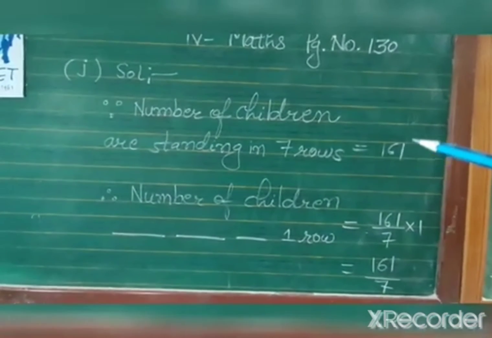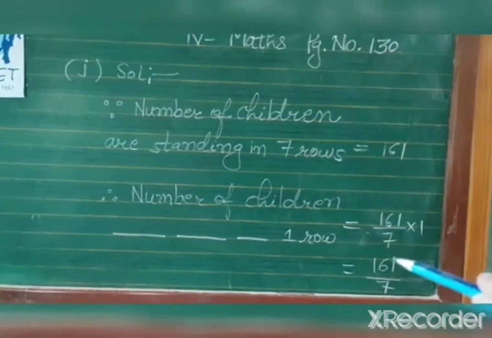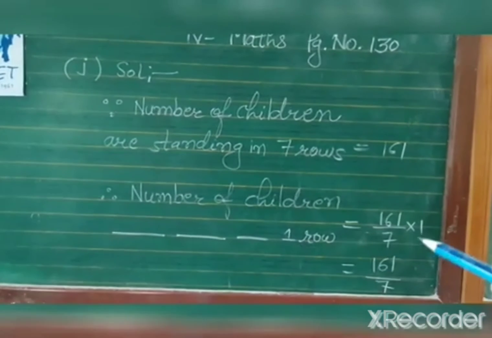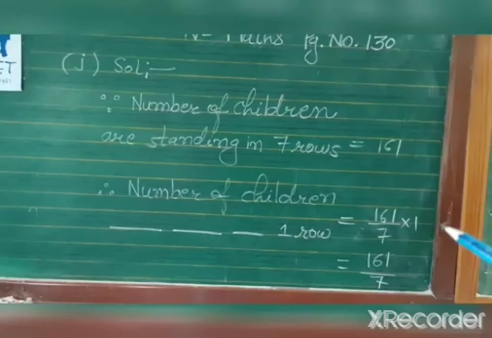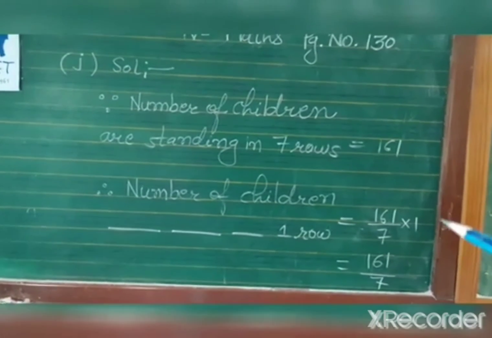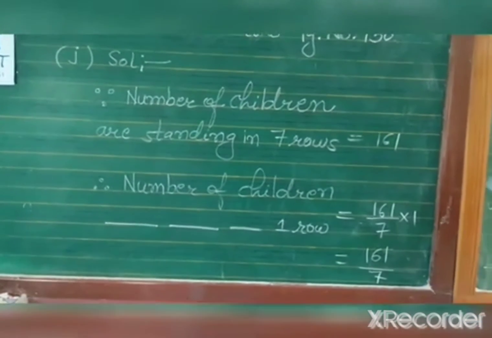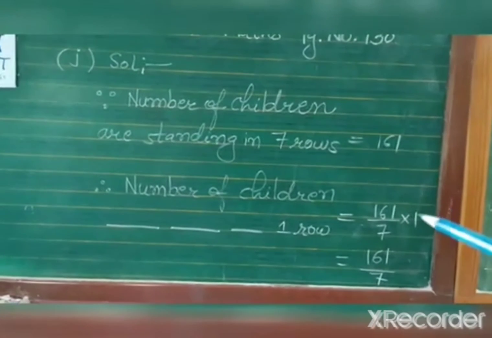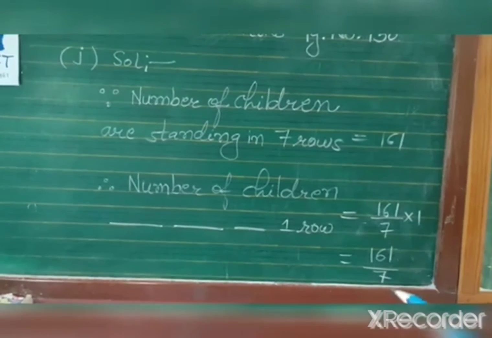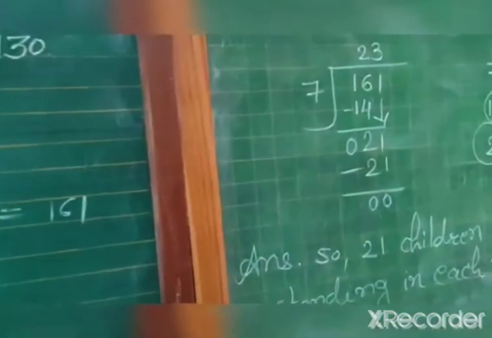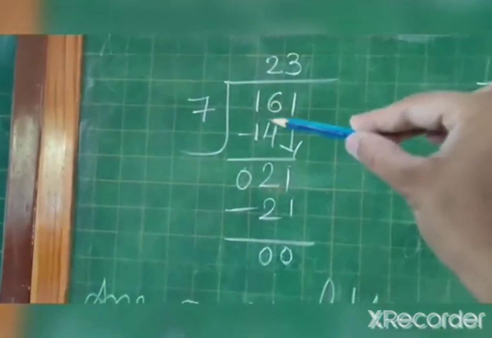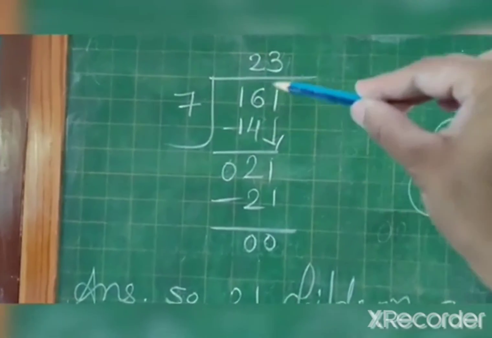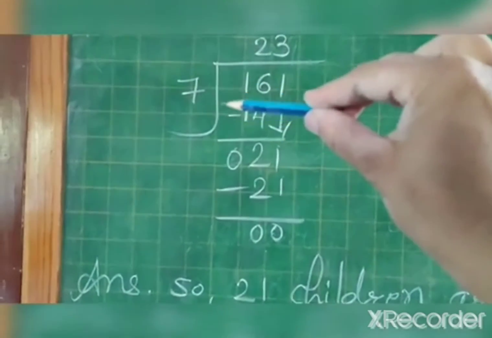This number we will take in the numerator, this in the denominator, and this one with multiplication here. If we will not write this one, no problem. You can neglect also. Okay. But in the denominator, if 1 is there, you have to write. 161 ones are 161 upon 7. Now see here, extreme left number is 1, you can see. So division is not possible because the 1 is less than 7.